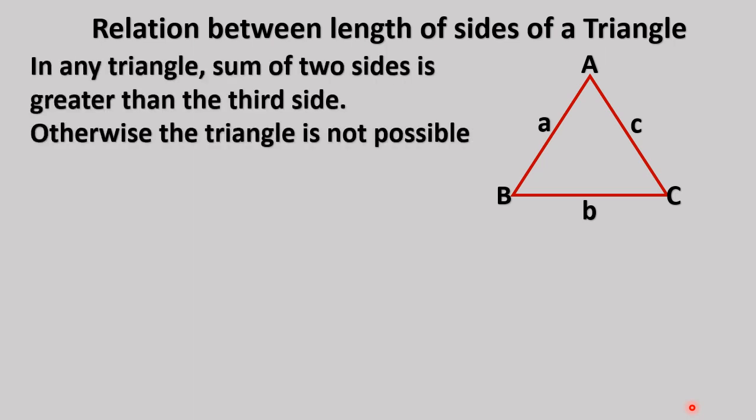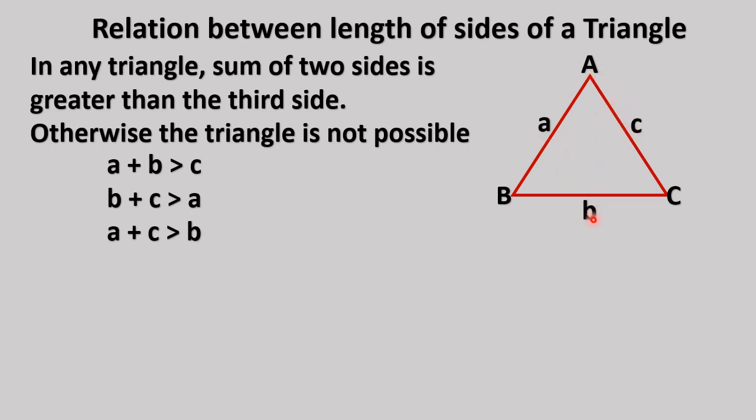In any triangle, the sum of the two sides is greater than the third side. Otherwise, the triangle is not possible. That means if you take the sum of the lengths A and B, A plus B, it should be greater than the third side.